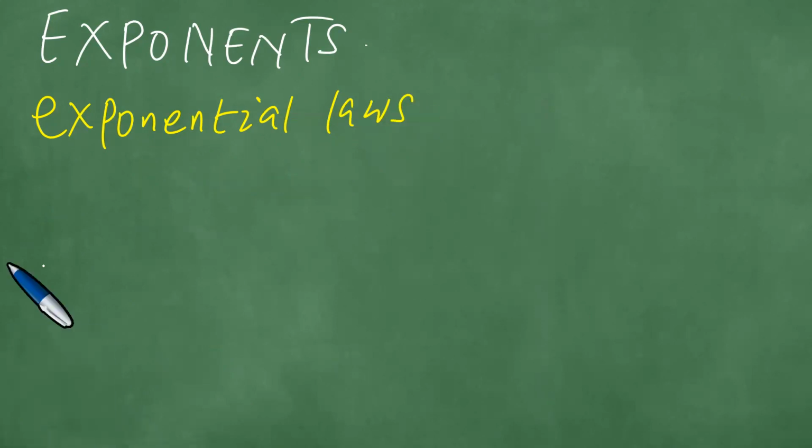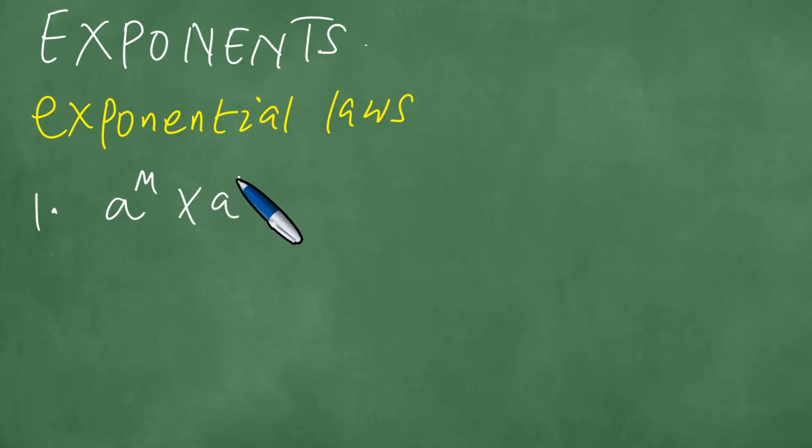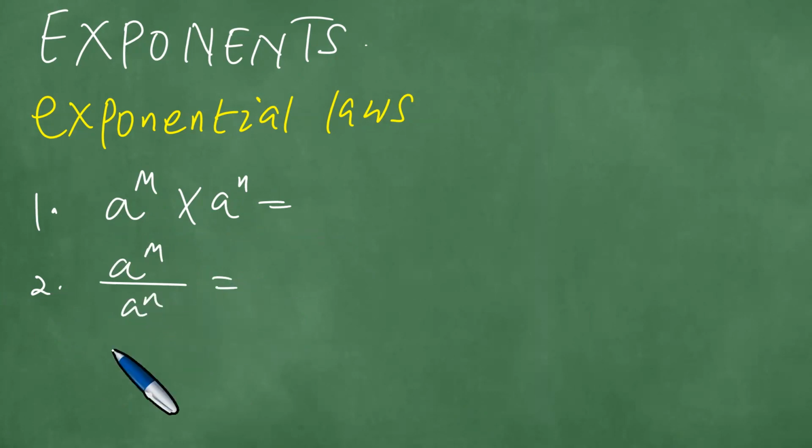So the exponential laws would be like the first one, the easiest one: a to the power m times a to the power n. What is this, Leander? Keep the base. Okay.